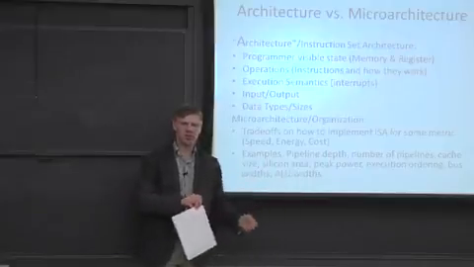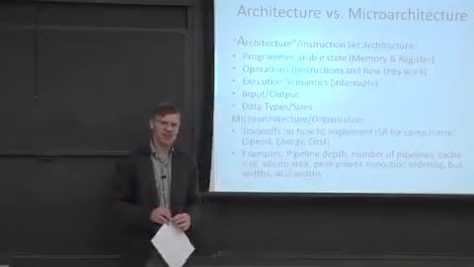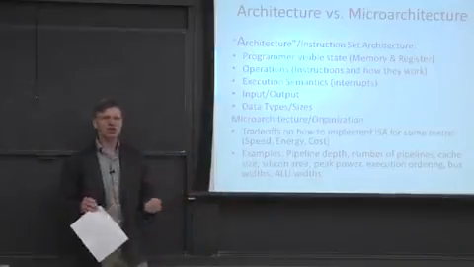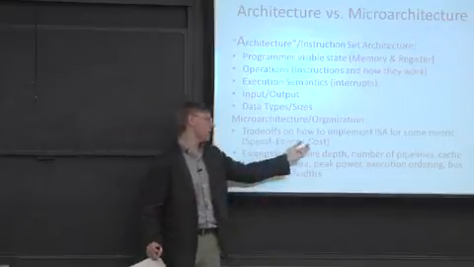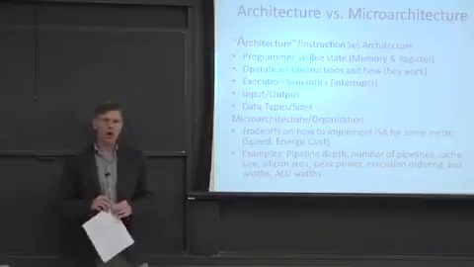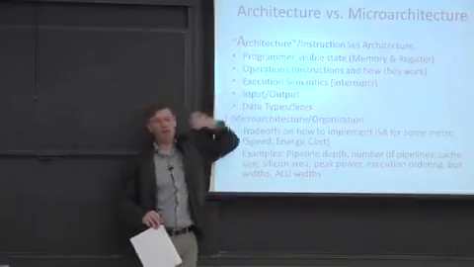And then there's another chip for tablets. Intel's trying to make chips for tablets these days, and they have their Atom processors. And internally, they look very different, because they have very different speed, energy, cost trade-offs. But they will all execute the same code, and they all implement the same instruction set architecture.